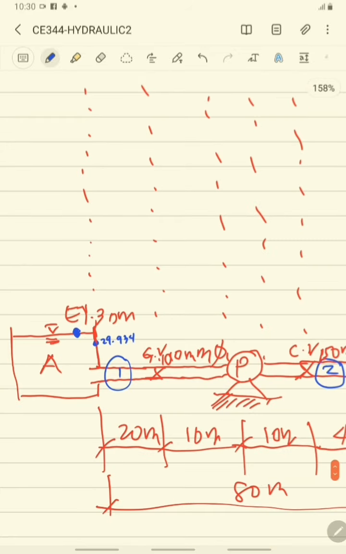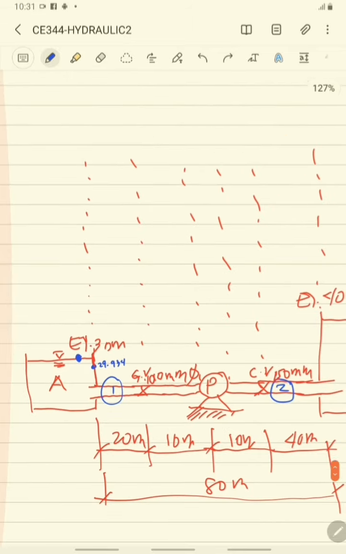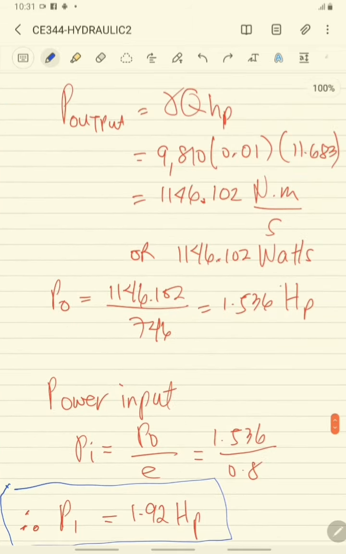Then again, write the energy equation from this point at the entrance to the location of your valve. But before that, we have the head loss due to friction of the pipe. So we have to subtract from 29.934 the head loss of pipe 1.